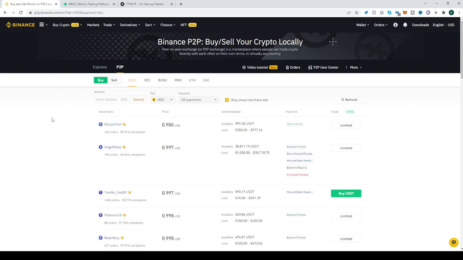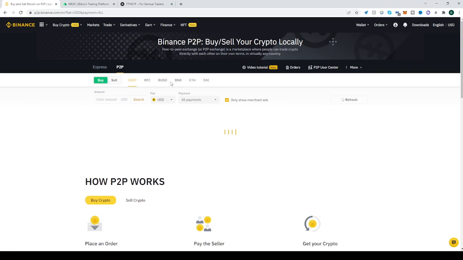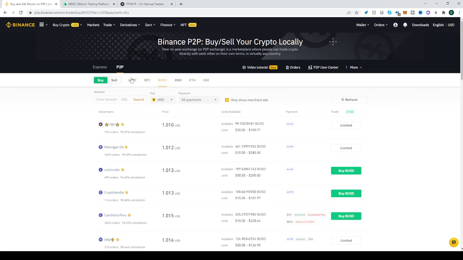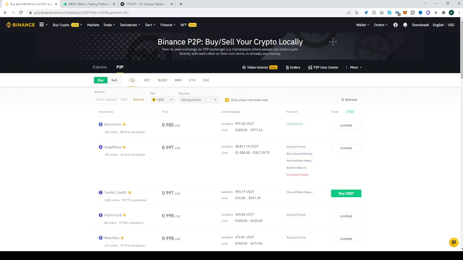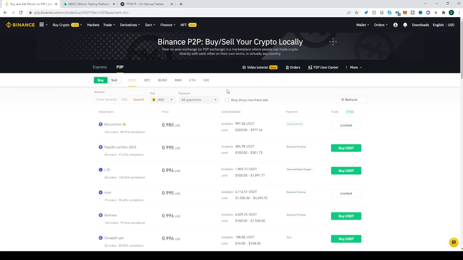So where to start from? Well, let's start from here. These are the cryptos that you can buy currently: USDT, BTC, BUSD, BNB, and there are more actually, but that depends on the type of transfer methods and the merchant as well. So let's begin from the start. Here you can enter the amount you want to purchase, because not everyone sells under certain amounts or above.